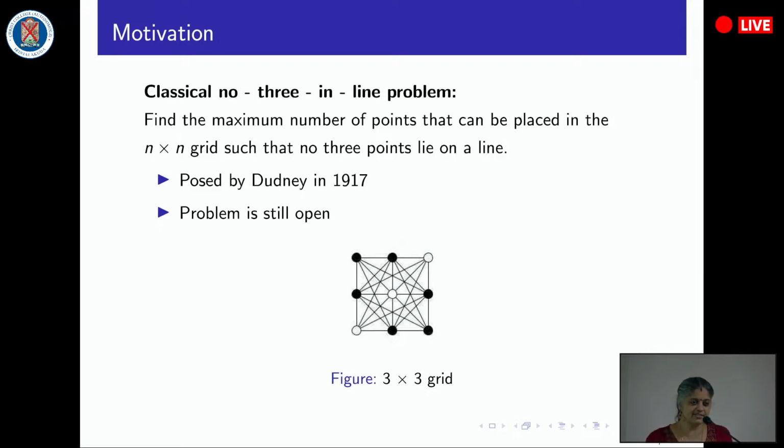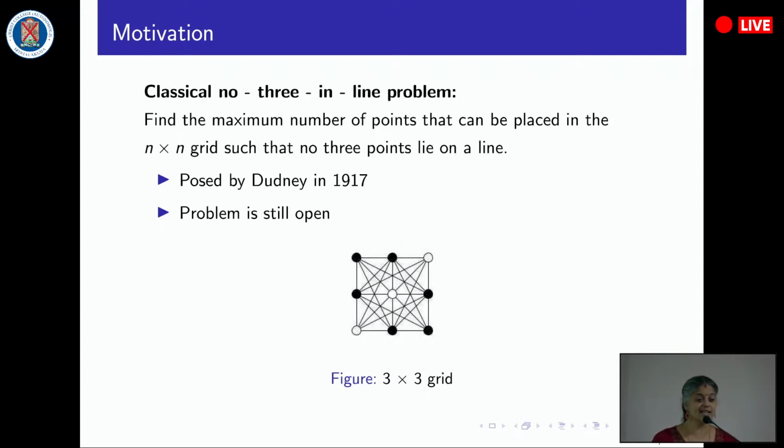In general, this is still an open problem. That is, given an n by n grid, how many points can you place, or in graph theoretical terms, how many vertices can you choose, in such a way that no 3 points lie in a straight line? 2n is an obvious upper bound because there are n rows and n columns, and from a row you cannot have more than 2.